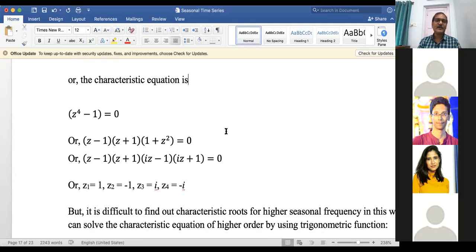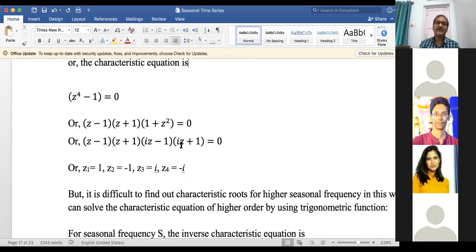So in the case of a quarterly series, if you have seasonal frequency 4, you can solve for the characteristic roots just by factorizing this polynomial in this way. 4 values of z you will get. But if you have seasonal frequency more than 4, for example monthly data, the equation becomes z to the power 12 minus 1 equal to 0. So you cannot solve for characteristic roots simply by factorizing the characteristic equation in this way.